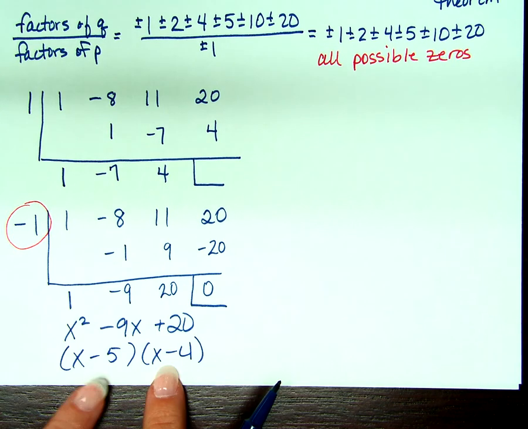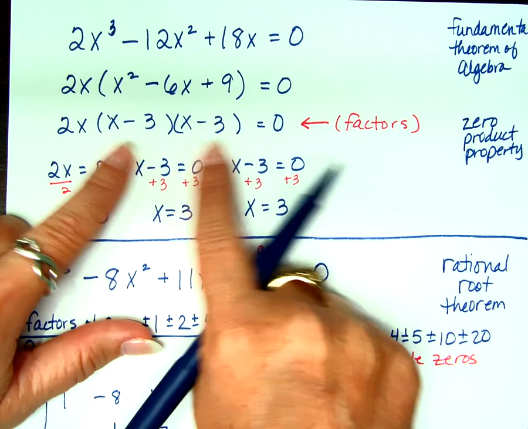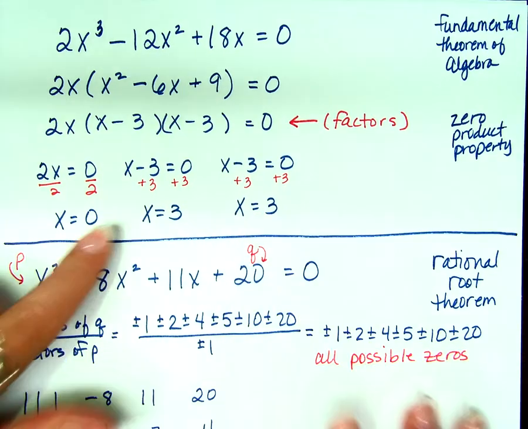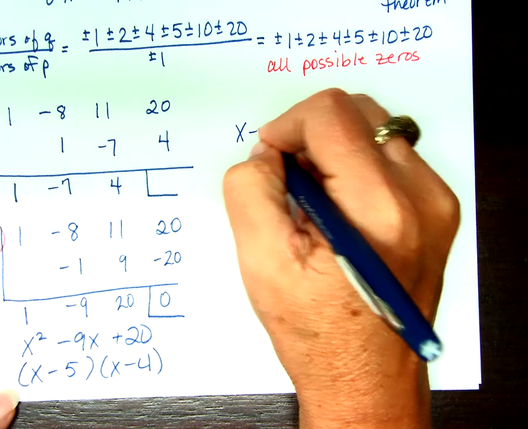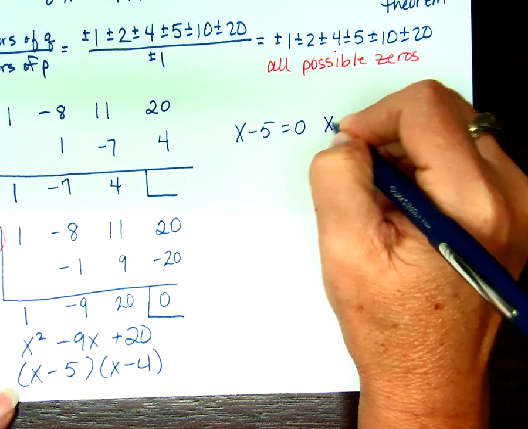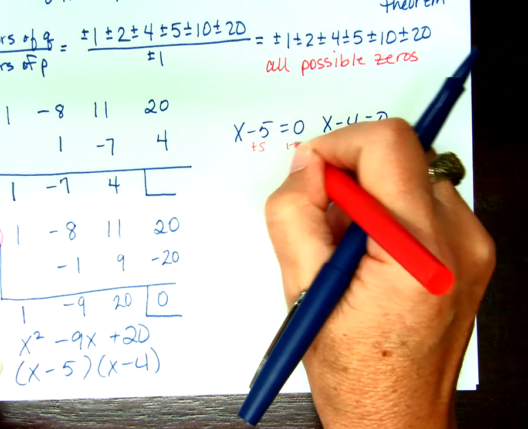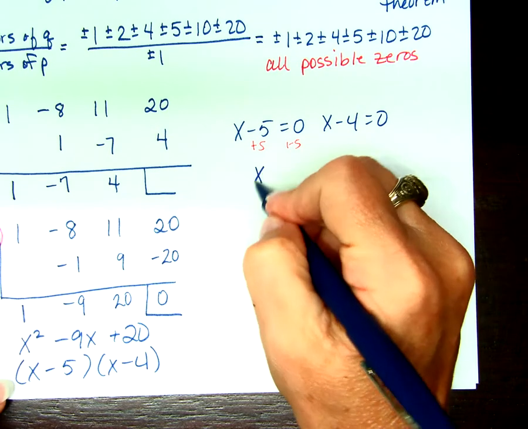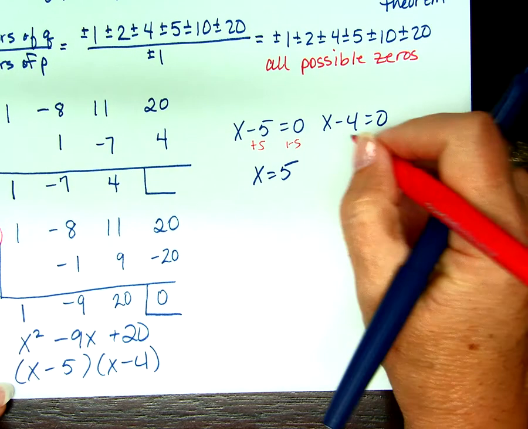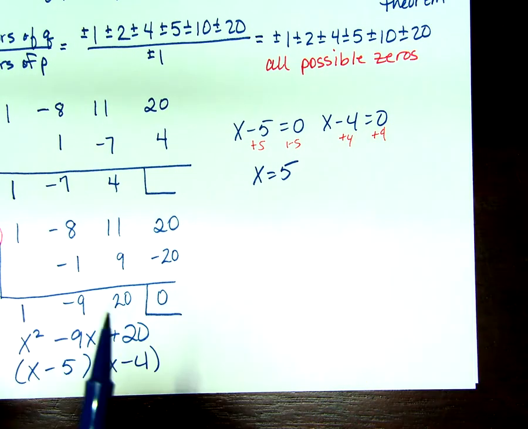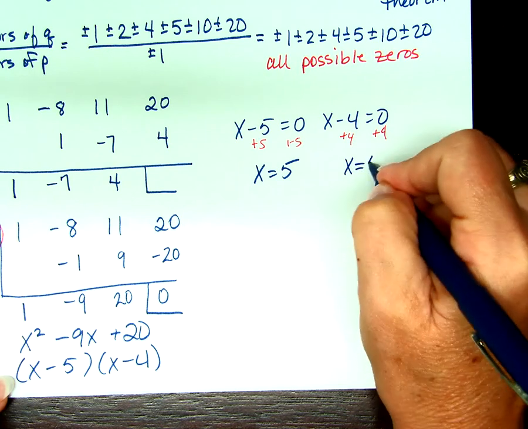Guys, if I have the factors, can I find the zeros? Yes. I just set them equal to 0, right? If I add 5 to both sides, I get x equals 5. And if I add 4 to both sides, I get x equals 4.